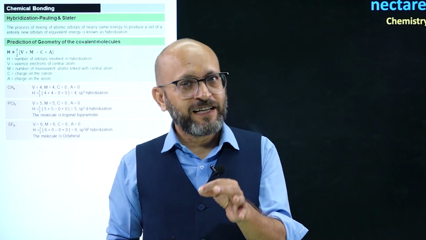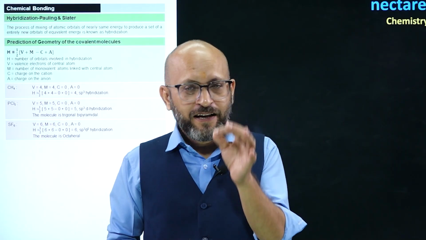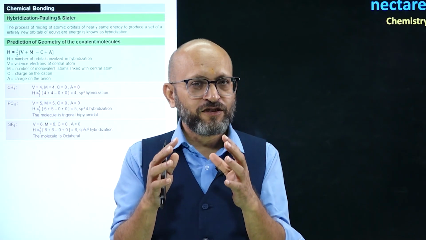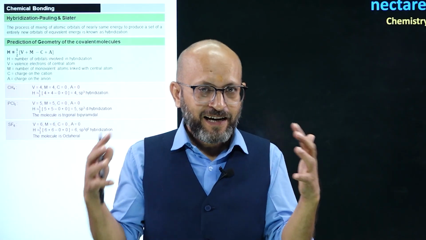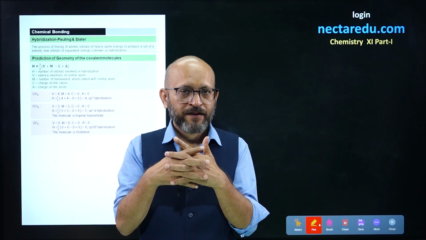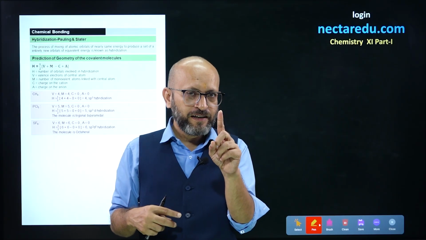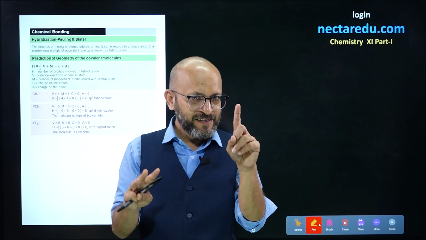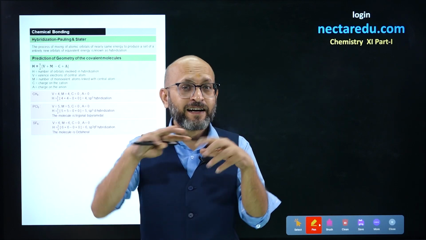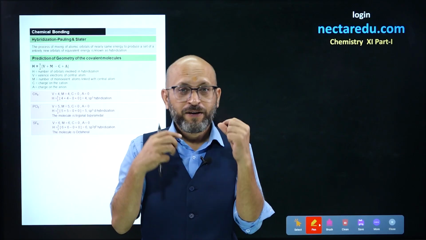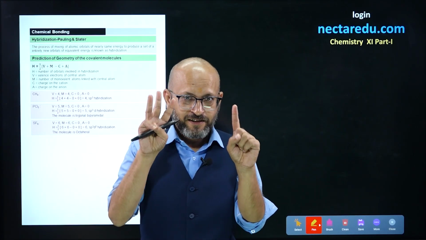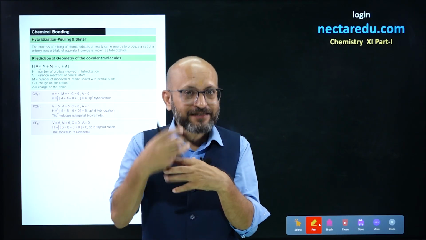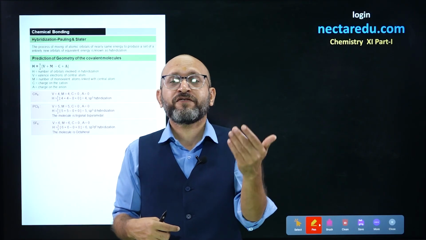Now, a similar thing happens when the central atom is going for hybridization. Orbitals of similar energy undergo mixing. For example, one s orbital mixes with three p orbitals. How many orbitals? One s, three p. Total four orbitals are undergoing mixing. Now, after mixing, how many new orbitals will be formed?